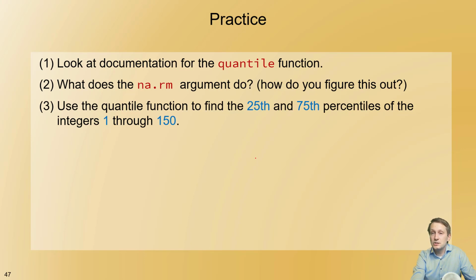So you generate integers from 1 to 150 and then run the quantile function on it to find the 25th and 75th percentile. Okay, again, pause if you need to. Do that before you resume the video to see what the answer is.